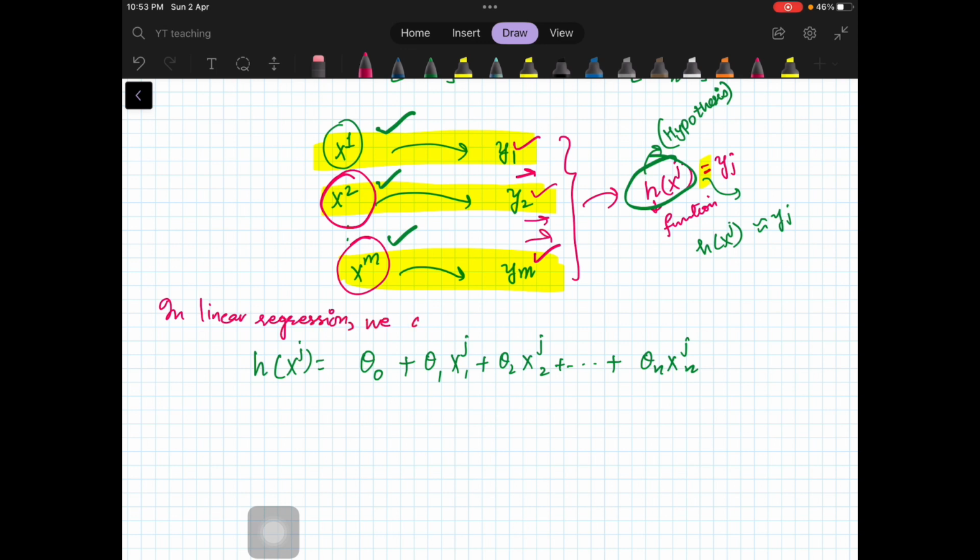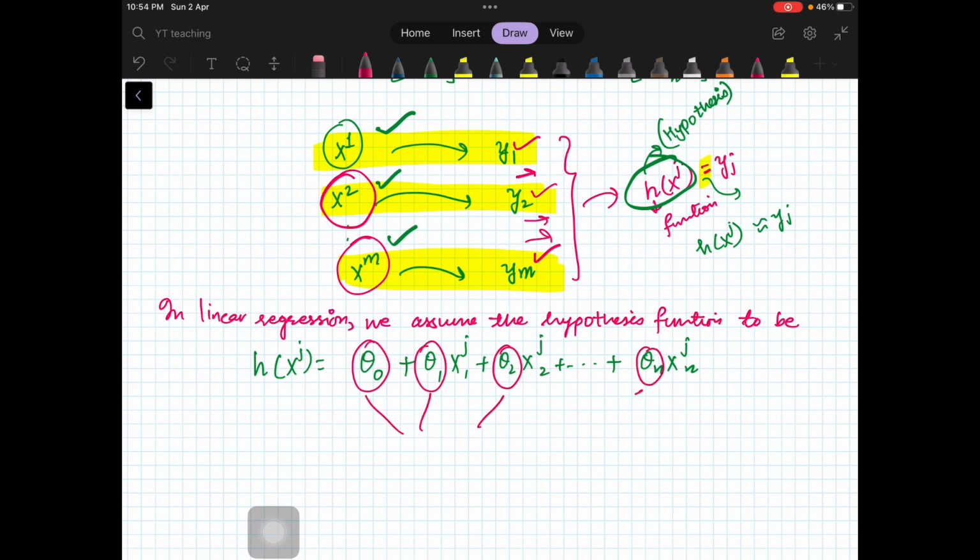We assume the hypothesis function to be this. Theta naught, theta 1, theta 2, up to theta n are the unknowns which you have to find out. We call them parameters.